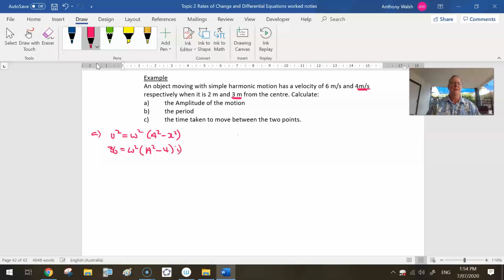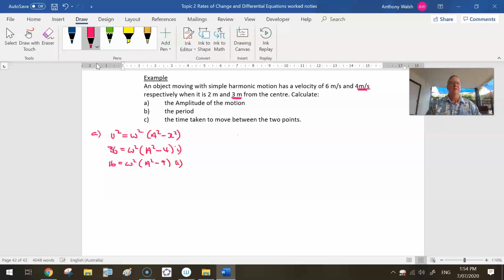Equation number 1. Because using the other bit of information, we're told when its velocity is 4 meters per second, or 4 squared is 16, it equals omega squared by A squared minus 3 squared at a displacement of 3. 3 squared would be 9. There's equation 2.